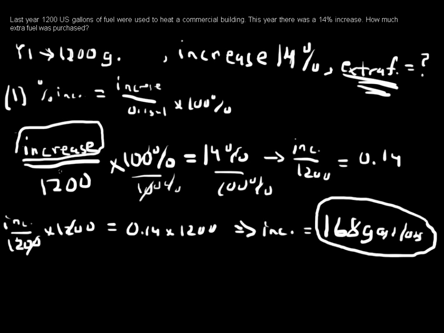So that's the very arithmetic way of looking at it. But if you wanted to think about this logically, here's what you would think. In year two, you have 100% of last year at least. If you were using 1,200 gallons last year and 1,200 gallons this year, this year compared to last year would be 100% because you're using all of it. Now you're using an extra 14%.